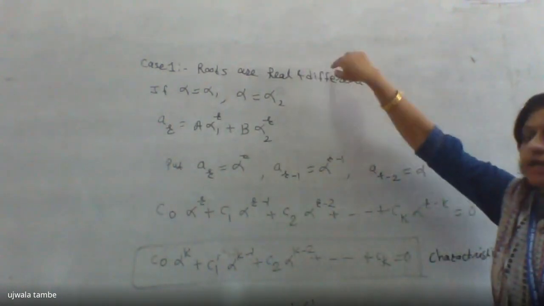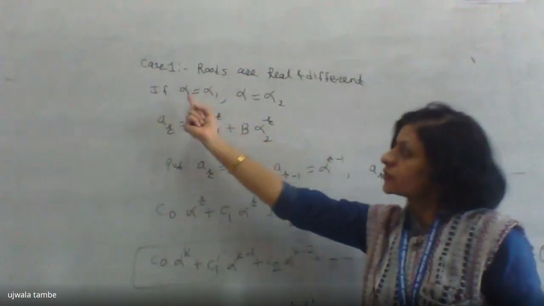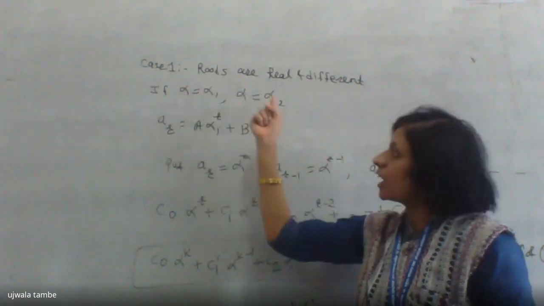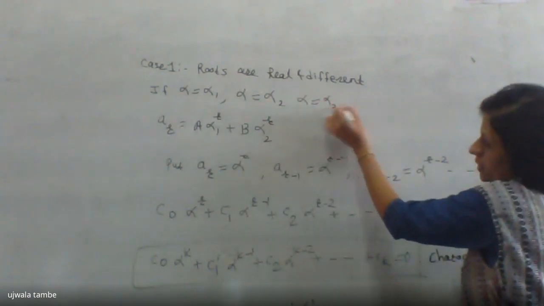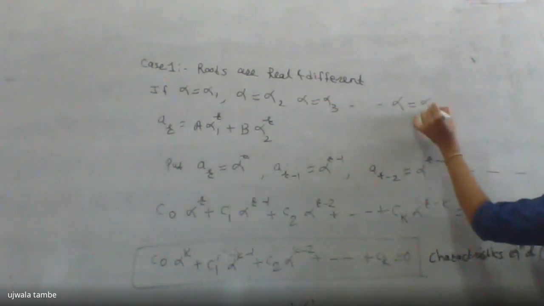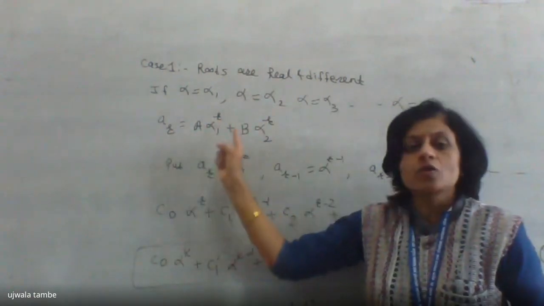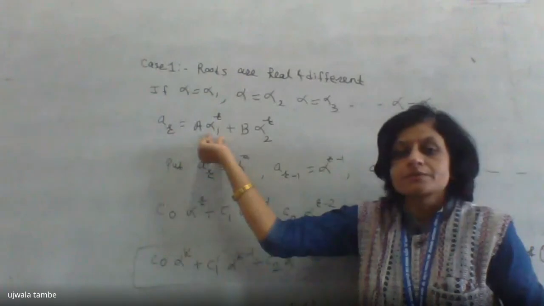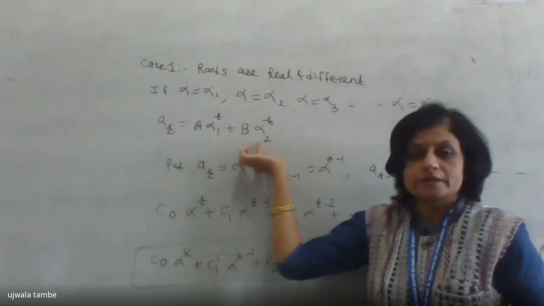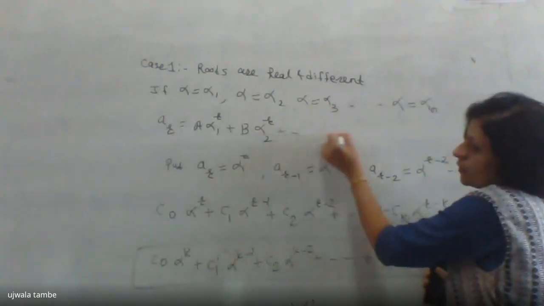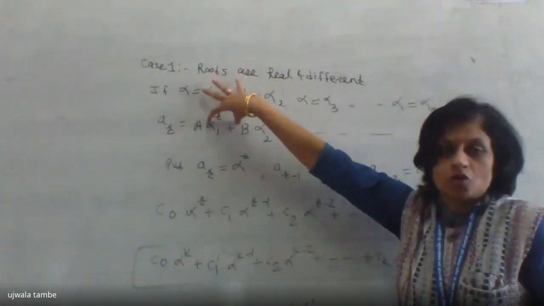If the roots are real and distinct, that is real and different, therefore the solution, if alpha is equal to alpha 1, alpha 2, similarly alpha 3 up to alpha n, is A into alpha 1 raised to r, alpha 1 means the first root, plus B into alpha 2 raised to r, alpha 2 the second root, and so on. Here A and B are real constants.